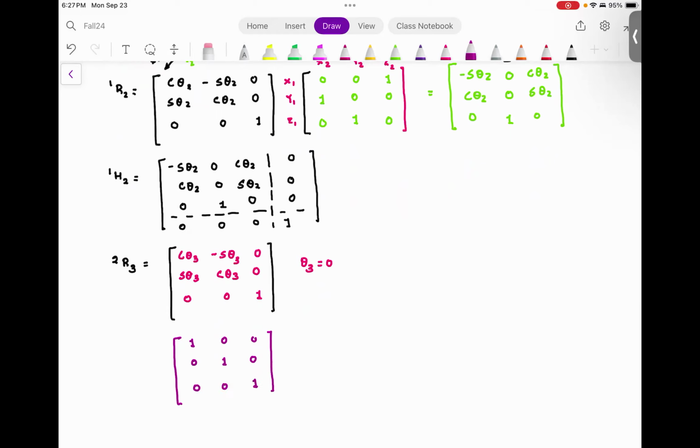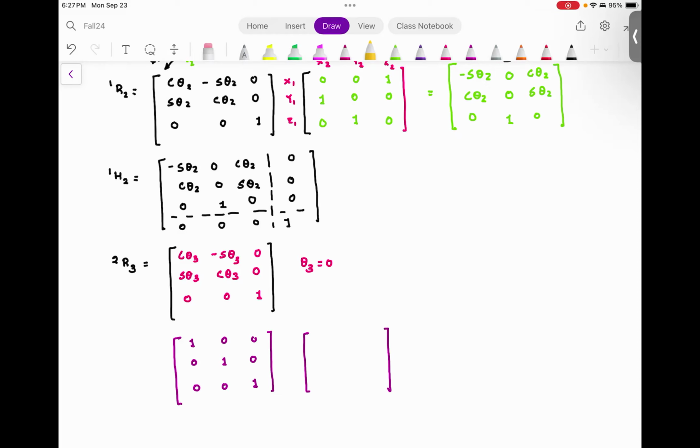However, you would still have the projection matrix. The projection matrix indicates the relative orientation of the frames. So even though you may not have a rotational joint, these frames could be oriented in a different way.